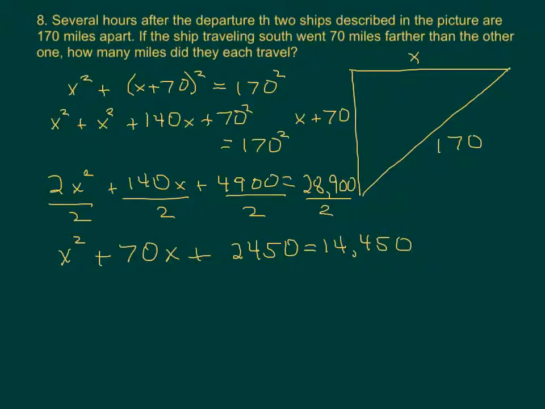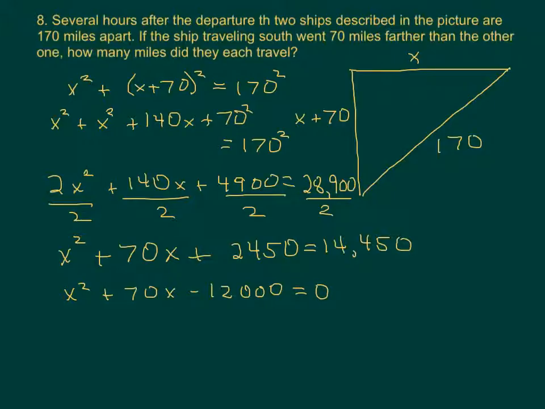So we bring the 14,450 over, and then 2450 minus 14,450 equals negative 12,000. So all of that is equal to 0.